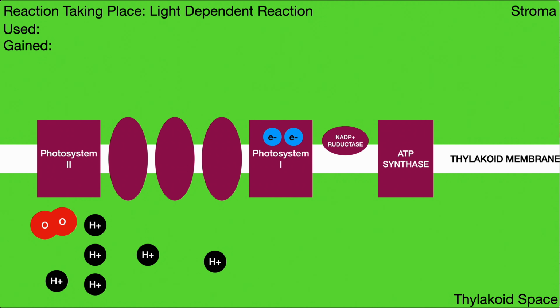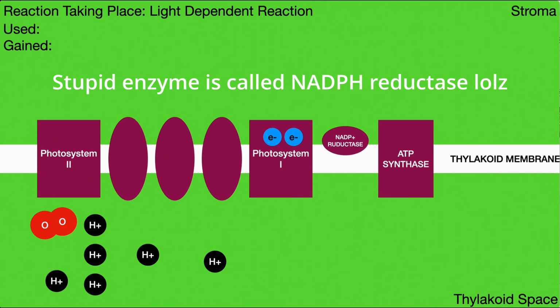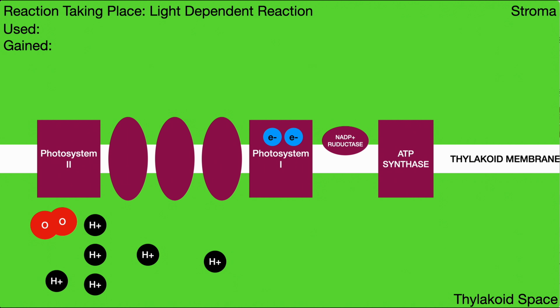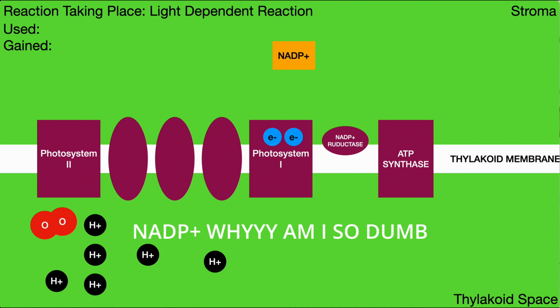It gets shot into photosystem 1, and what you'll notice is we have NADP plus reductase, though it's labeled NAD plus reductase. Whatever we call this enzyme here, NADP plus reductase. It's an enzyme, and it's going to take NADP plus into the mix here.